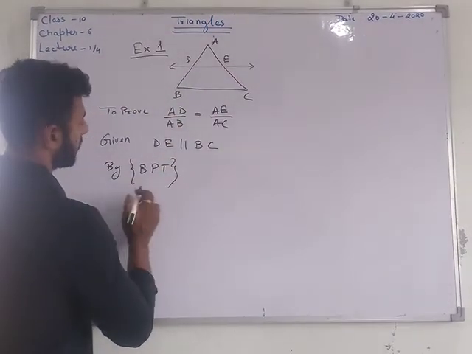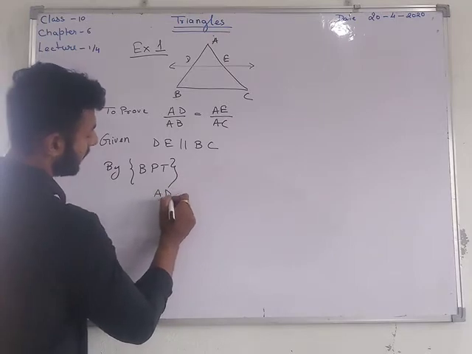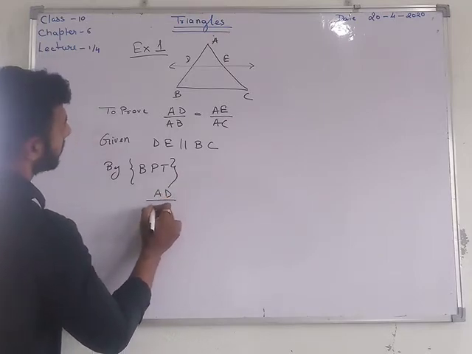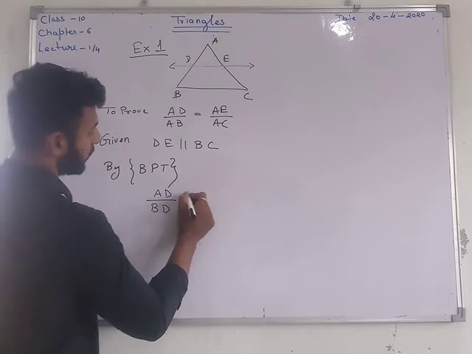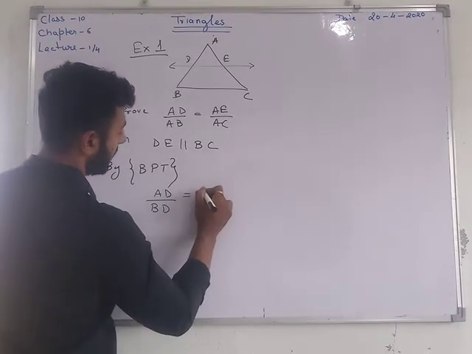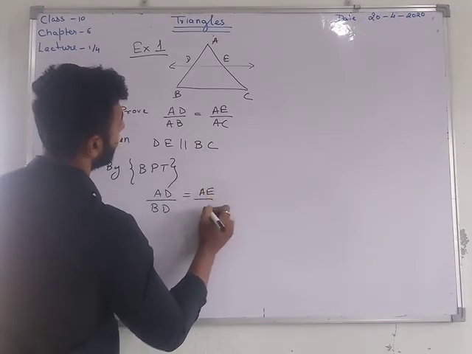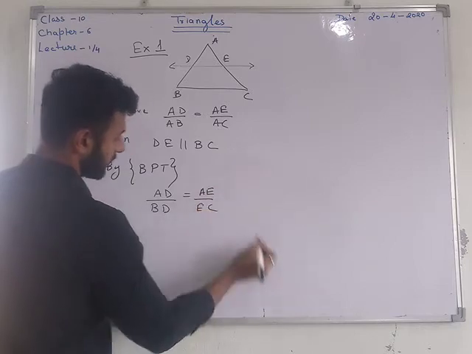Therefore, by BPT theorem, AD upon BD is equal to AE by EC.